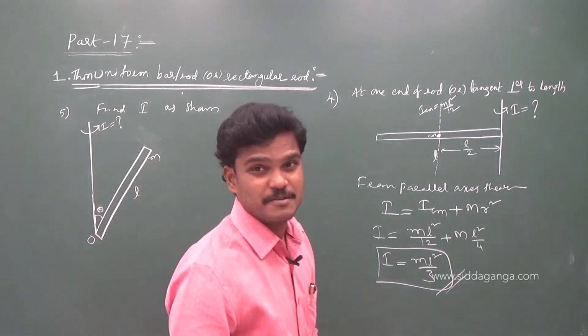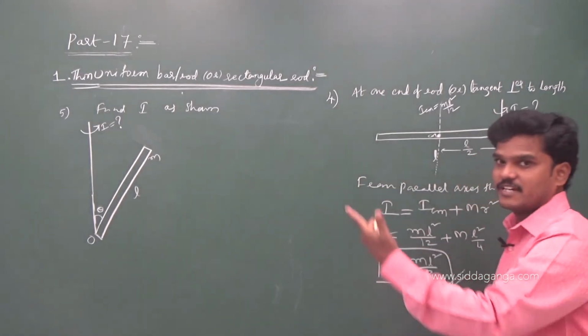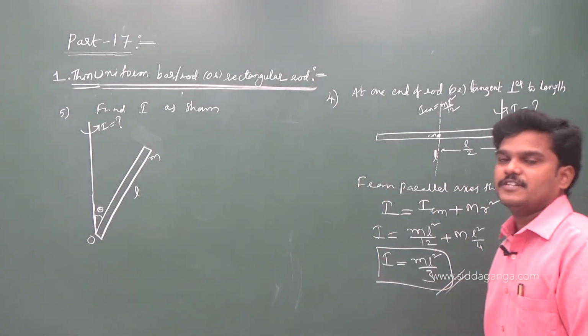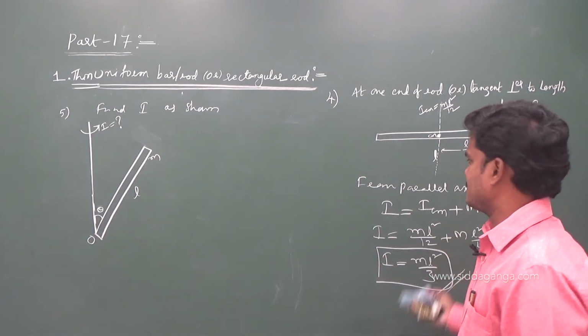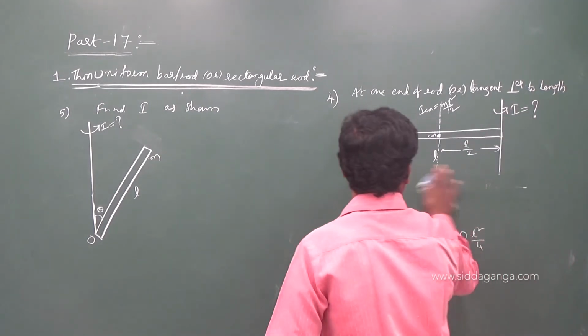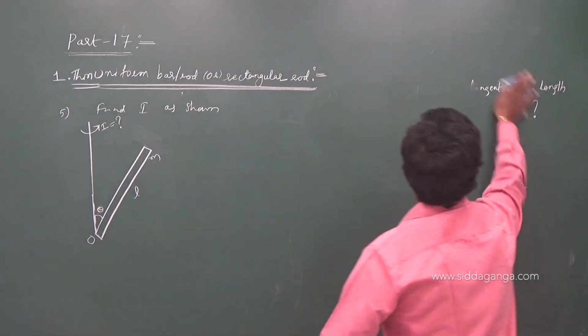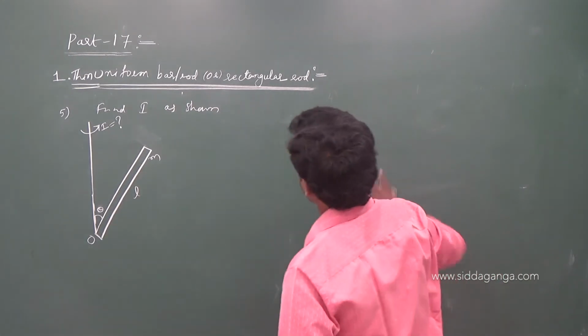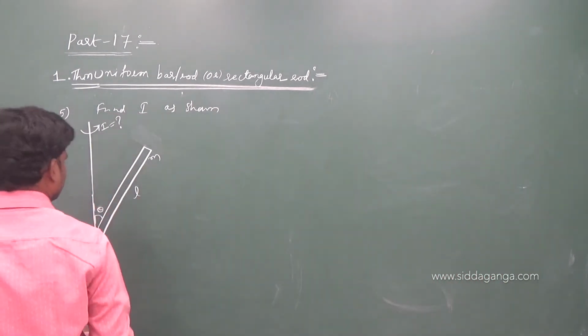Directly we can write in one step if you have some basic mathematics. What is the moment of inertia? Mass into square of the distance, perpendicular distance, keep in mind. To find this, again the same story.